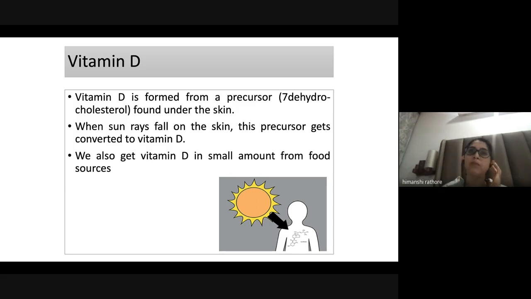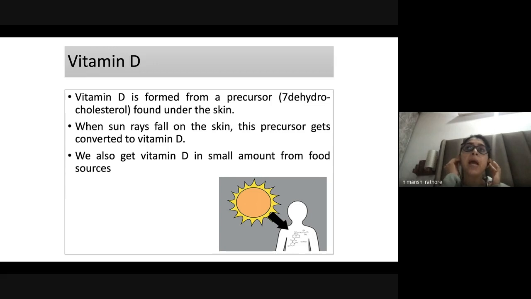So apart from the food sources, you can get vitamin D from the sun rays, and that is why the deficiency of vitamin D is increasing now in day to day life in all the countries.